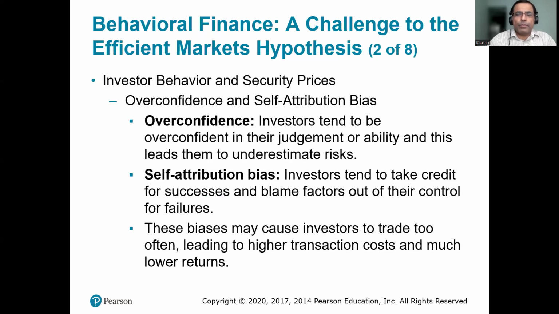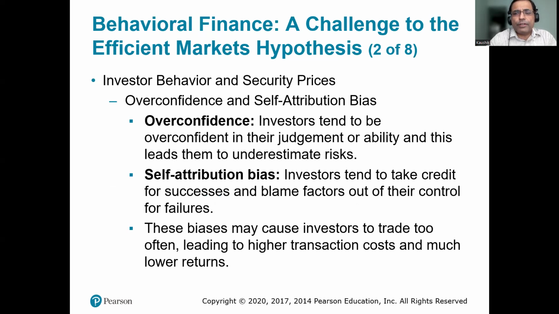For example, an individual investor may suffer from overconfidence. So the investor will overestimate their ability to pick stocks and they will underestimate the risk associated with those stocks. So their investment decisions may not be correct.